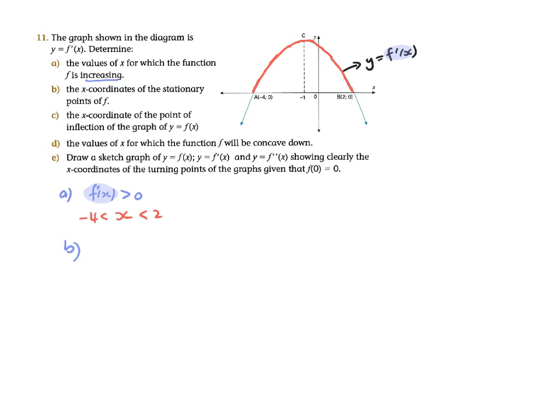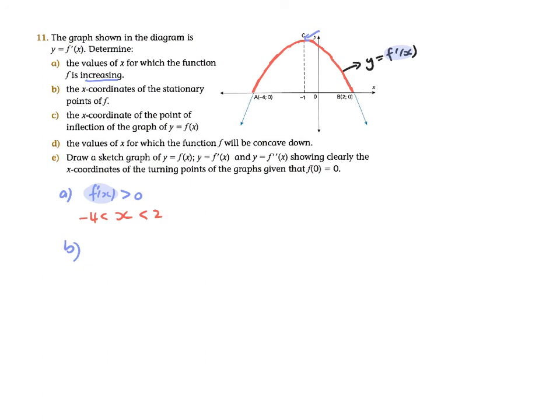And the turning point of the derivative function has the same x value as the point of inflection of the original function. Let's say that again. The x value of the stationary point of the derivative function has the same x value as the point of inflection of the original function. I'm not writing all these things down. I do think it's a very important part.